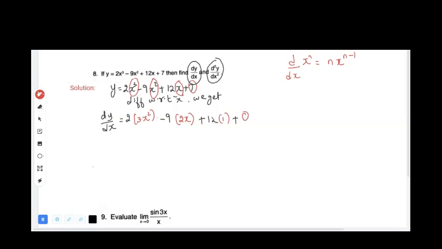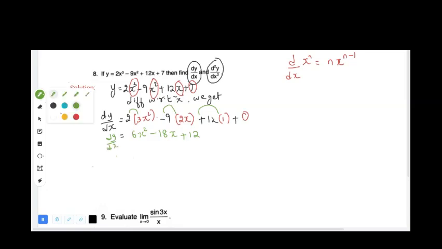So here we get 2 into 3 is 6x square minus 9 into 2 is 18x plus 12 into 1 is 12. So this is dy by dx.